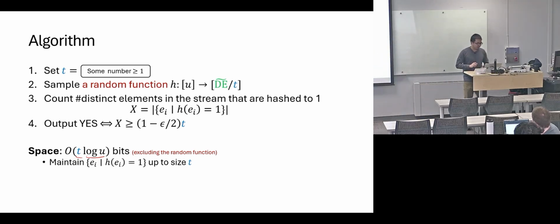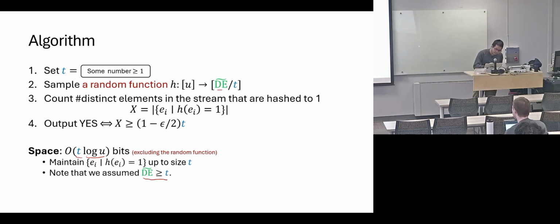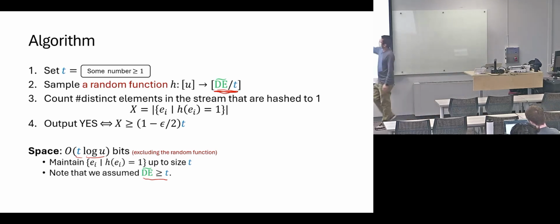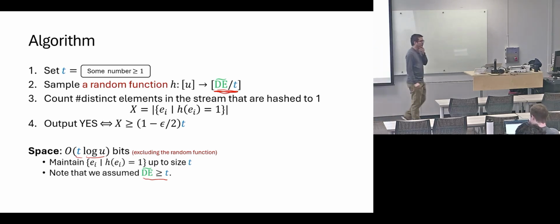And before we go further, note that we assume that DE is at least T so far, because otherwise this can be less than 1. But if DE is less than T, it's actually easy.